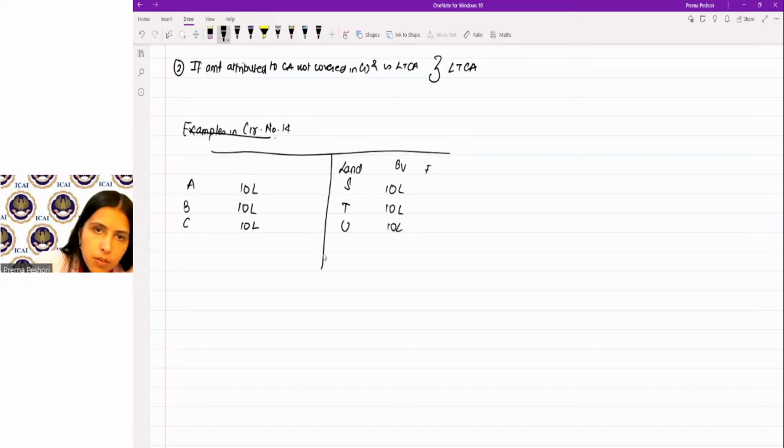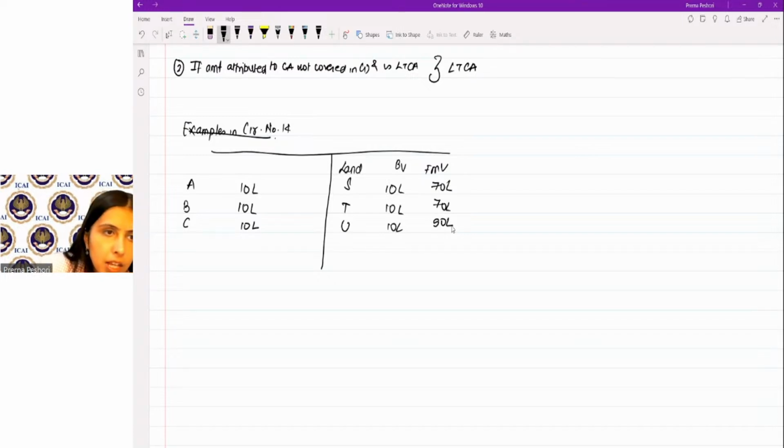These are my book values. The fair market value is 70 lakh, 70 lakh and 50 lakh.